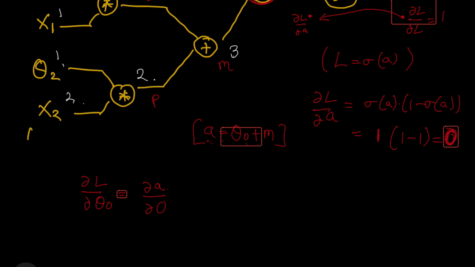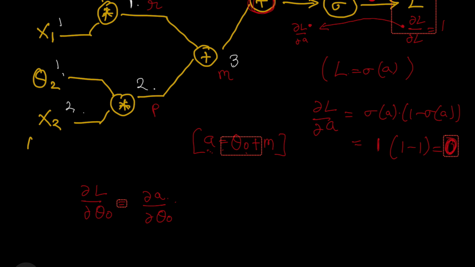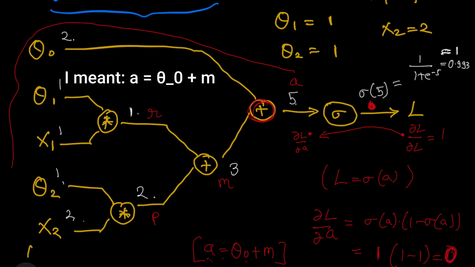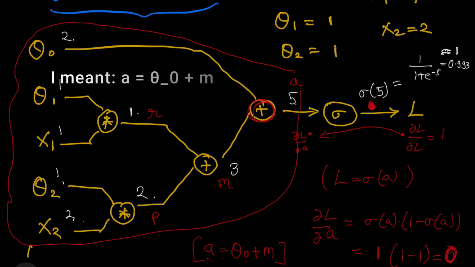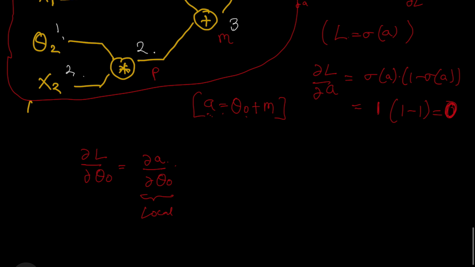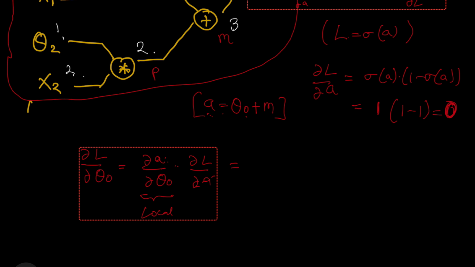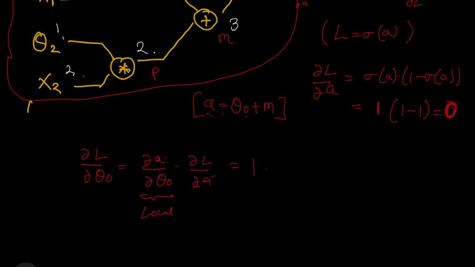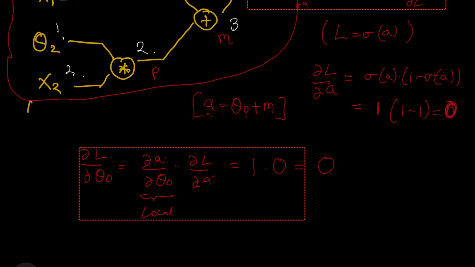This is the local gradient at this point, and the oncoming gradient is del L over del A. If I write del L over del A times del A over del theta naught, the A's cancel, giving del L over del theta naught. Del A over del theta naught is simply 1, and 1 times del L over del A, which is already 0. So the gradient of del L over del theta naught would be 0.